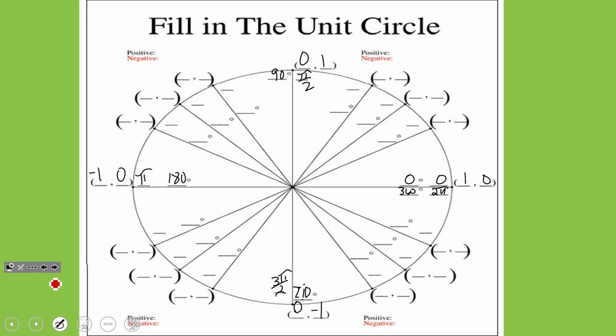There you go. Anybody else need one? Everybody got one? Okay. The 45-degree angle should be the middle one in each of the quadrants. The first one's your 30, the second one's your 45, the third one is your 60. So I'm going to take my red and highlight the 45s. And I want you to go ahead and fill them in.